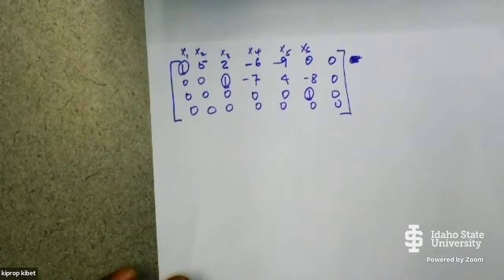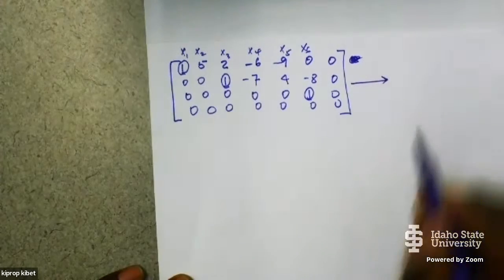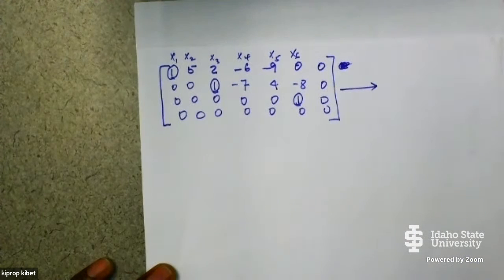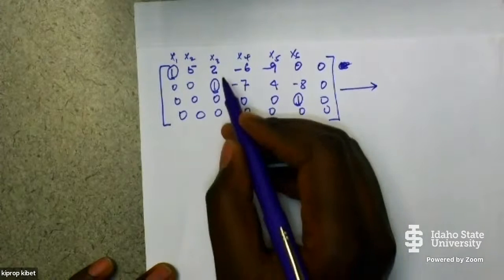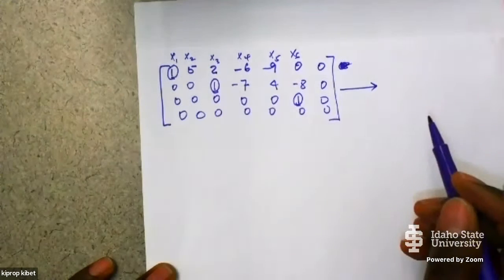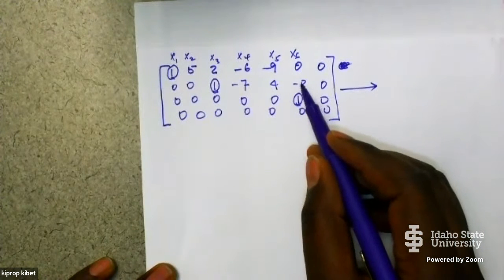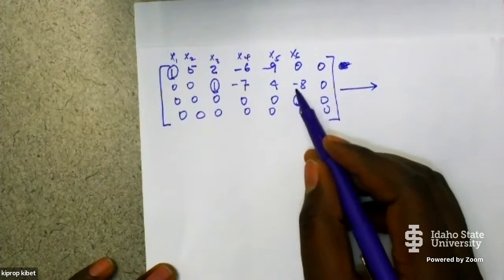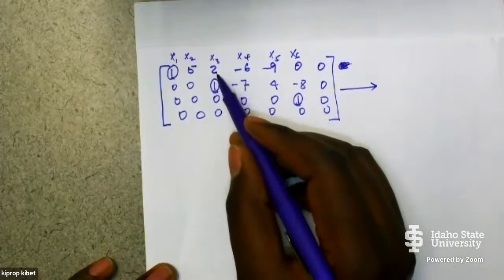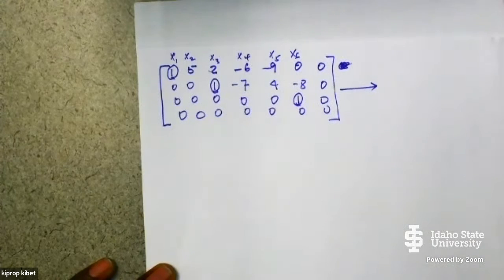Now let's reduce this completely. We want to make this one 0, this one 0, and this one 0.